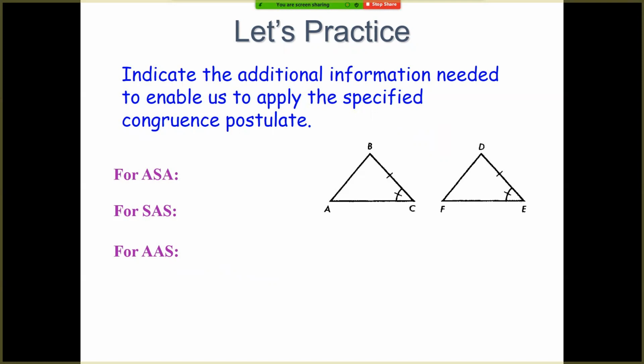If I want angle, side, angle, I have to pick the angle that would include the side that we were given. So I would have to show that this angle is congruent to this angle. That would give me my angle, then my side, then my angle. So I would have to know that angle B is congruent to angle D. That's the information I would need to show that these two are congruent by angle, side, angle.